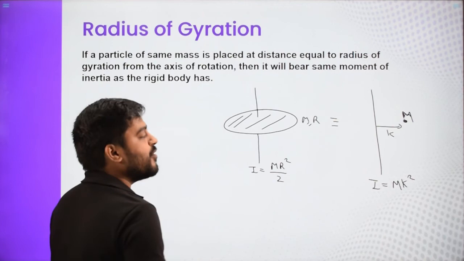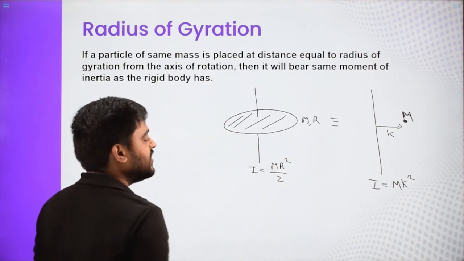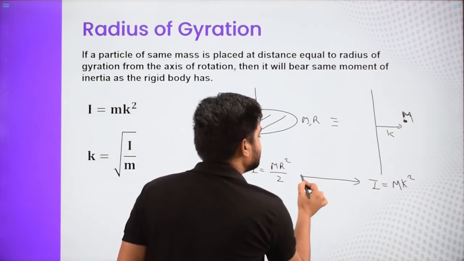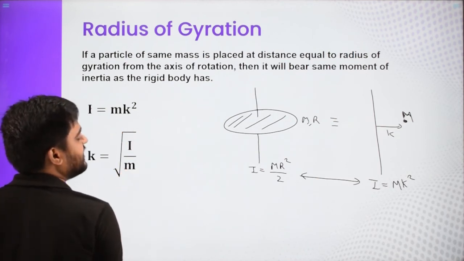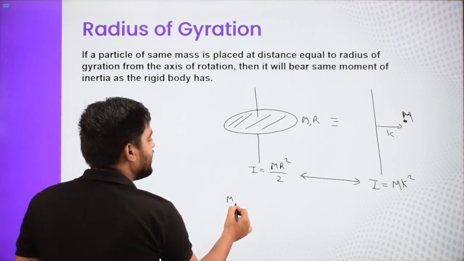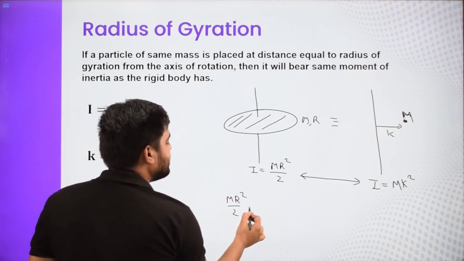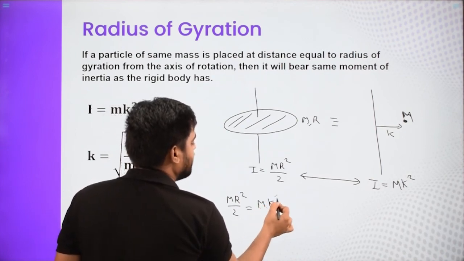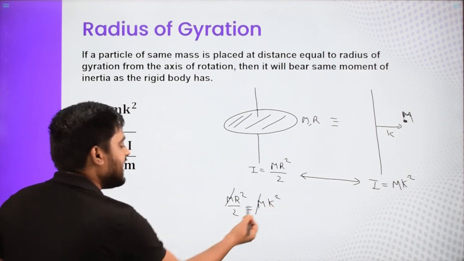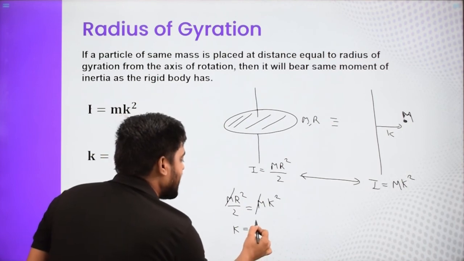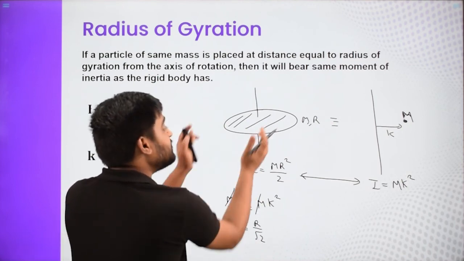And the moment of inertia should remain the same, so I can equate these two. That's why you can write I equals MK square. When you do that, you get MR square by 2 equals MK square, and eventually this K, which is a distance, comes to be R by root 2 in this particular case.